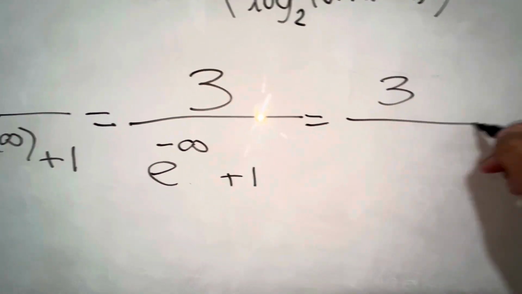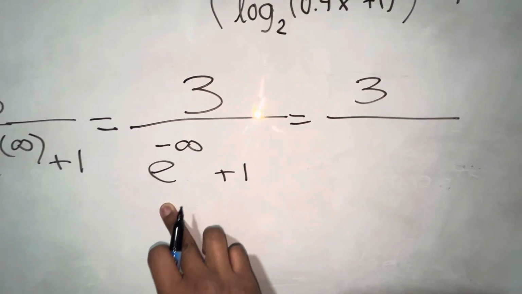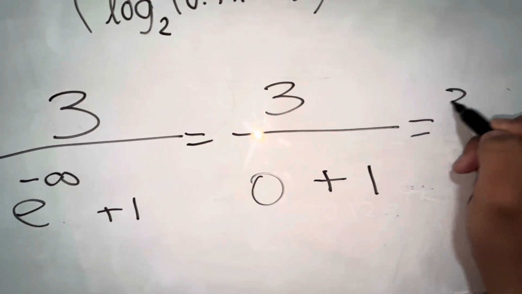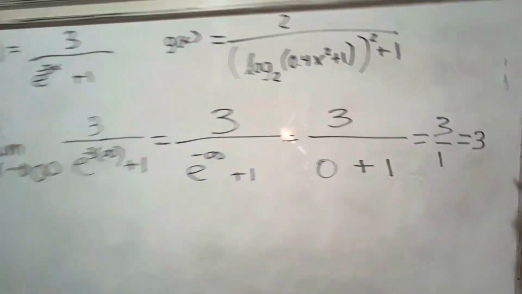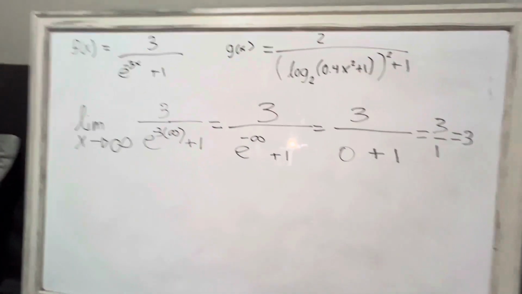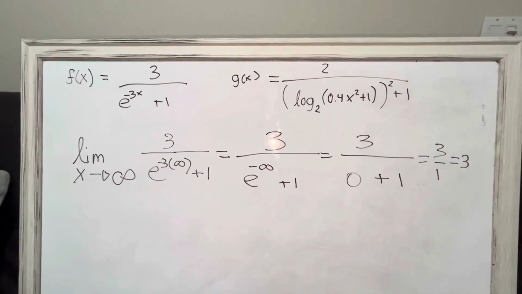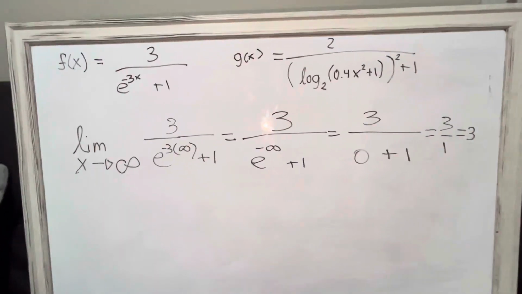So at that point, if e to negative infinity is 0, then you just have 0 plus 1, which equals 3 over 1, which then equals 3. So it's all about plugging and chugging. So at that point, you would say as x increases without bound, the function f of x equals 3.